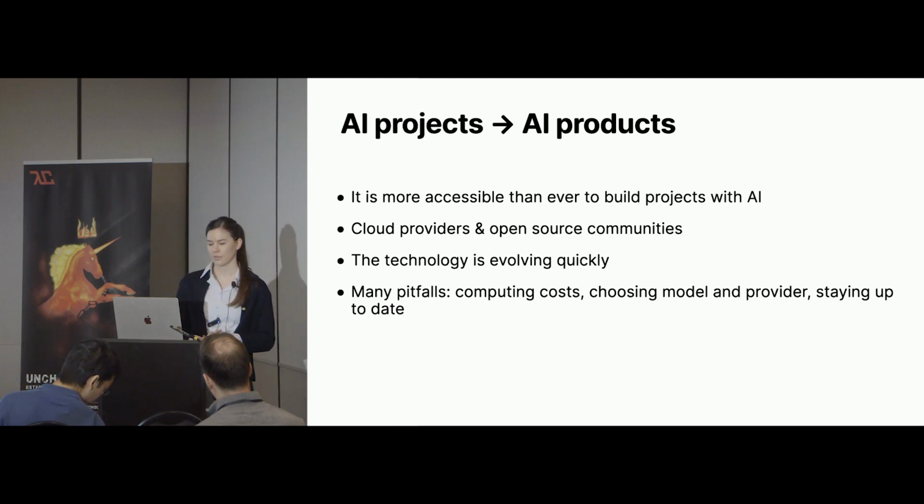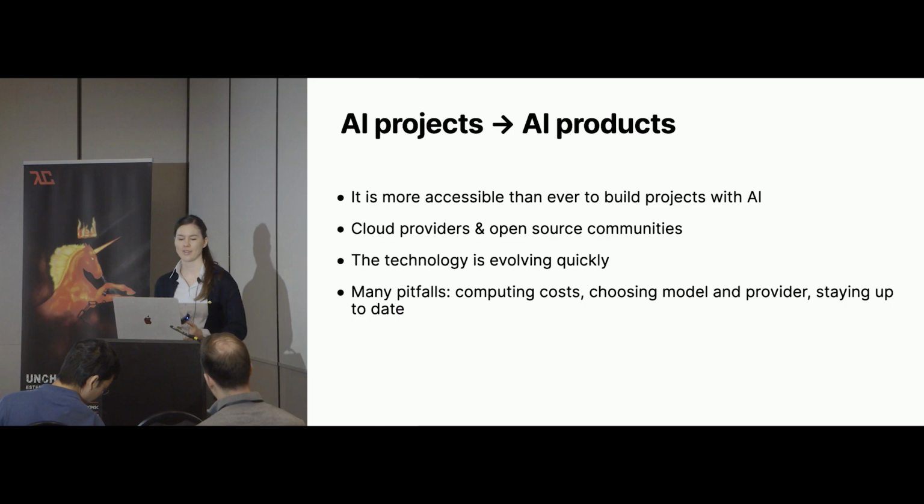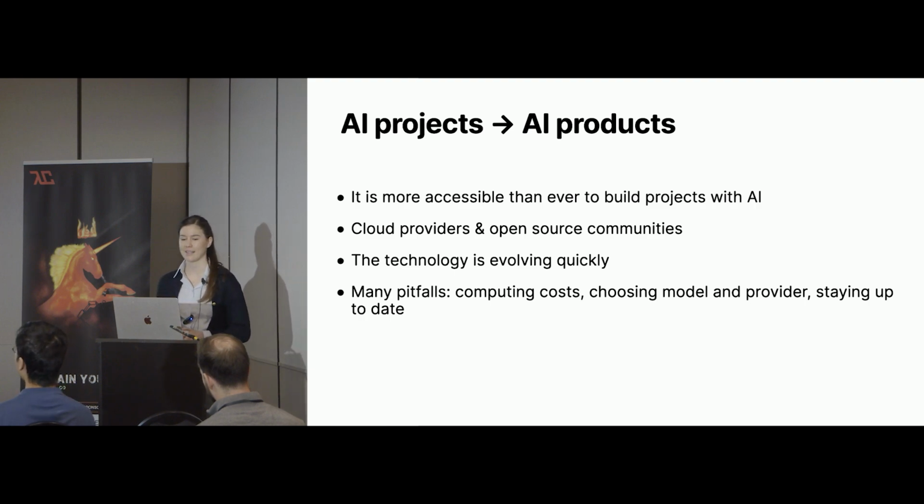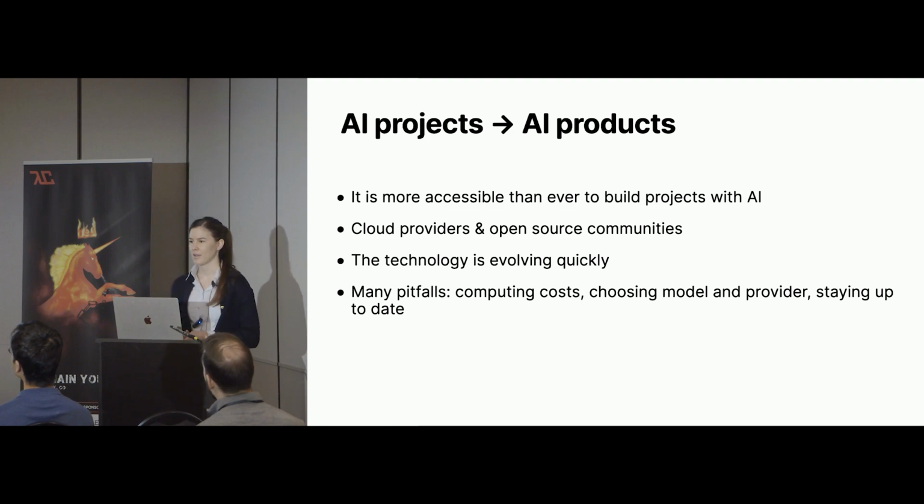Even if it's easy, the development is racing with time and with competition. New major breakthroughs come out weekly, and it can be difficult to stay up to date. These are just some of the pitfalls you can face when developing an AI product.